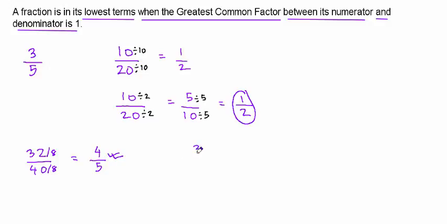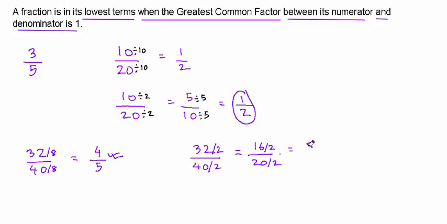Let's find that out. So let's start with 32/40 and let's try and divide this with 2 and this with 2. So that takes us to 32 divided by 2 is 16 on the top, 40 divided with 2 is 20 on the bottom. And let's just keep dividing with 2, 16 with 2 and 20 with 2.